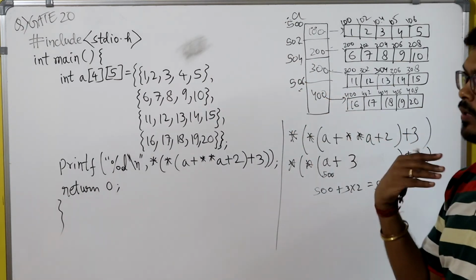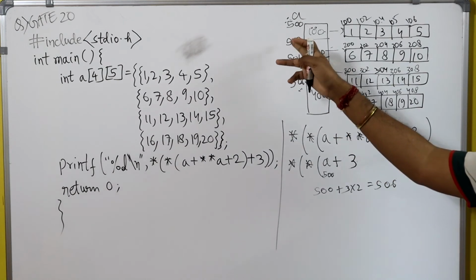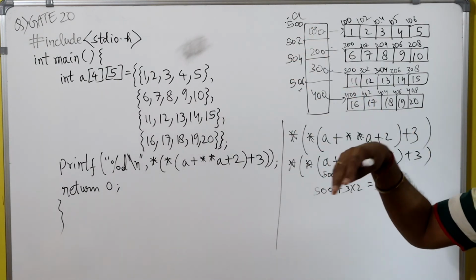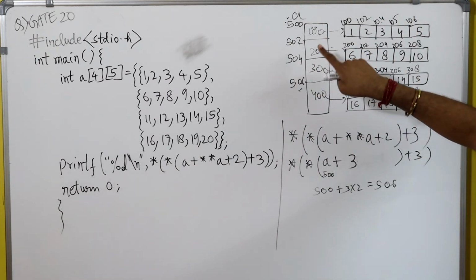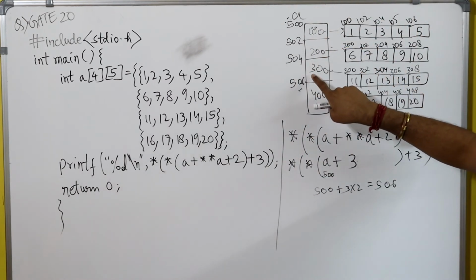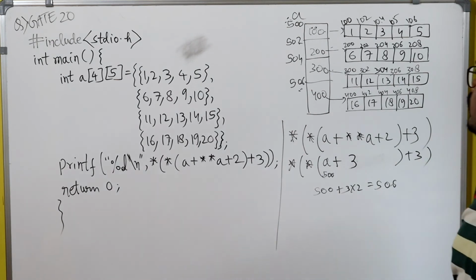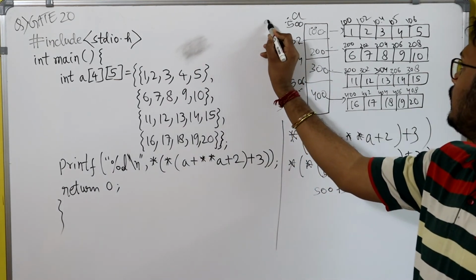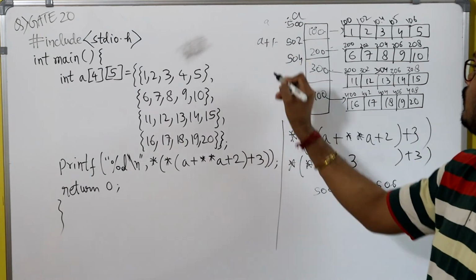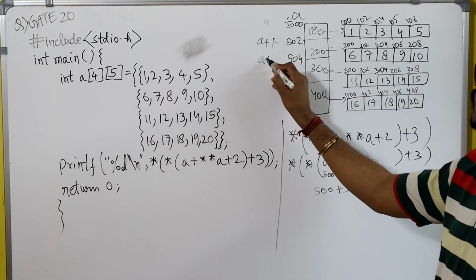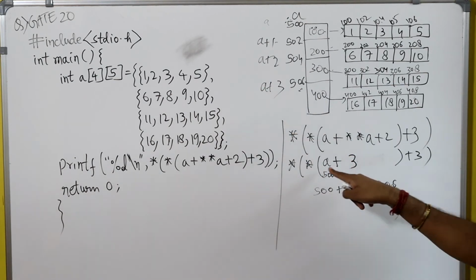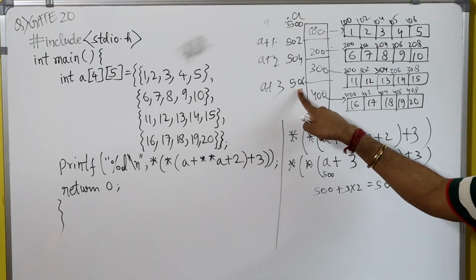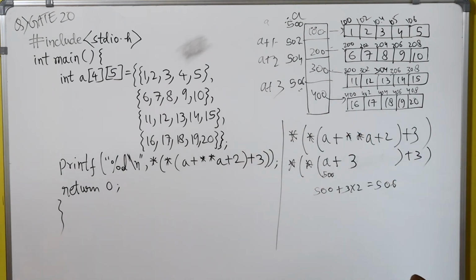It means from the location 500, this is the first element, this is the second element, this is the third element, this is the fourth element. Or you can also think like this: this is A, then this is A plus 1, then this is A plus 2, and this is A plus 3. So what is the value of A plus 3? That is 506. So in place of A plus 3, we will write 506.